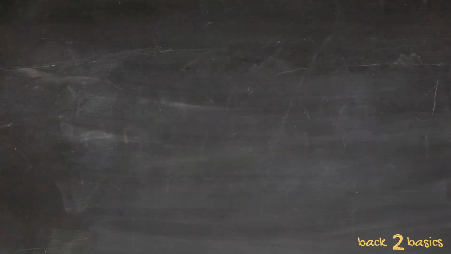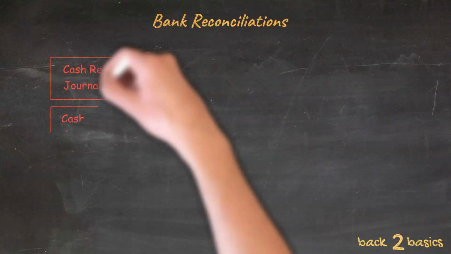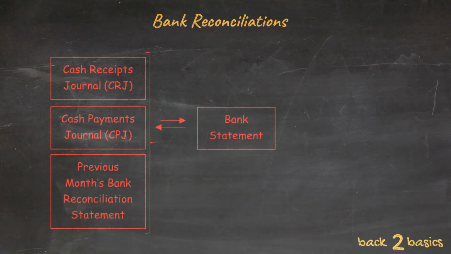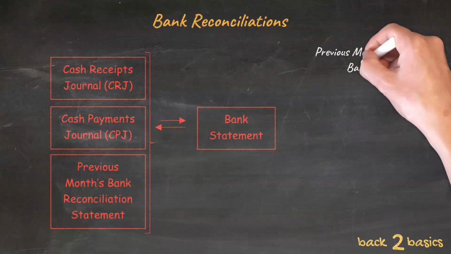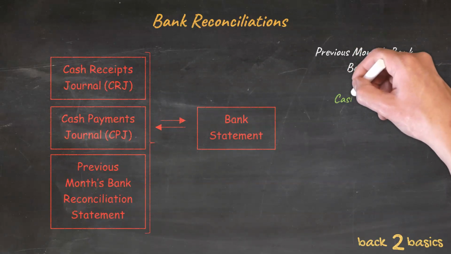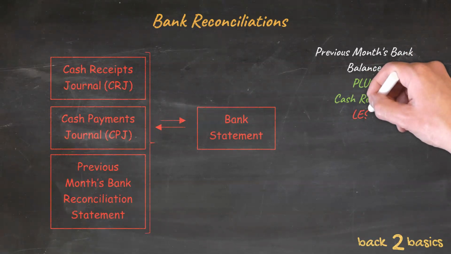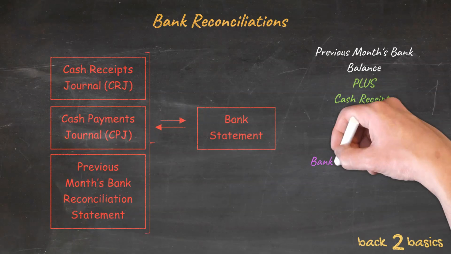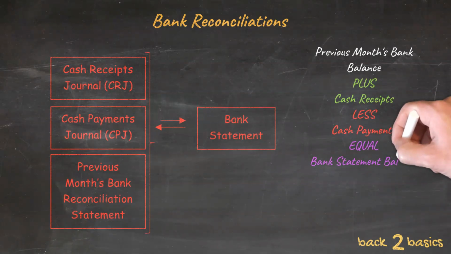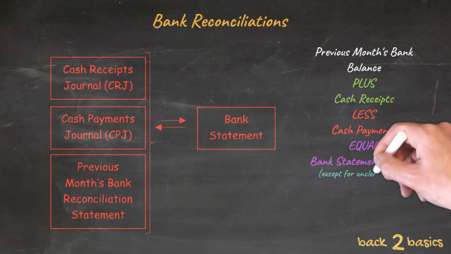The bank reconciliation is a very important month-end reconciliation. In order to perform your bank reconciliation, you need to take the previous month's bank balance, plus your total cash receipts for this month, less total cash payments for the month, and that should equal your bank statement balance, except for uncleared items.